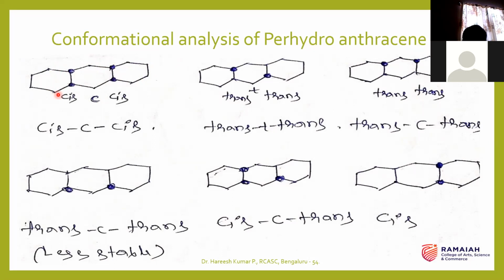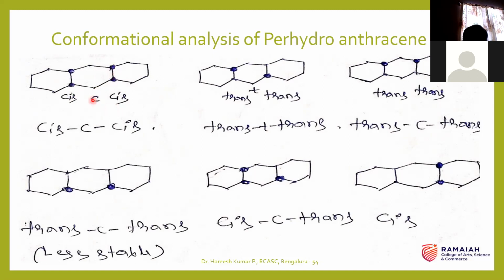In this, you can observe that this is one ring junction between the A and B. Similarly, ring junction between the B and C. So what you need to observe? Suppose there are two dots, you can say that it is cis. And here, if there are two dots, this is also cis.